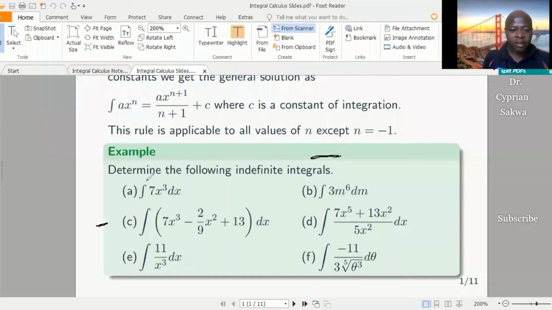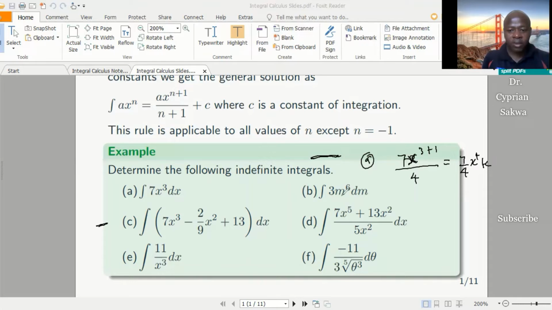So the solution to this, when you raise the power by 1, this is 3 plus 1, and so the new power is 4, divided by that 4. What you have is 7 out of 4, x raised to 4, and then add a constant of integration.